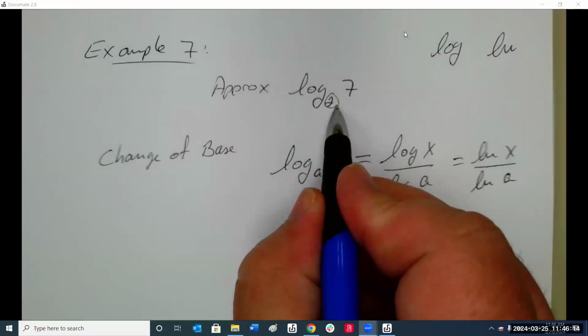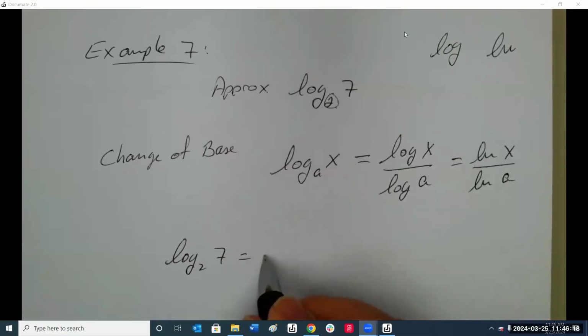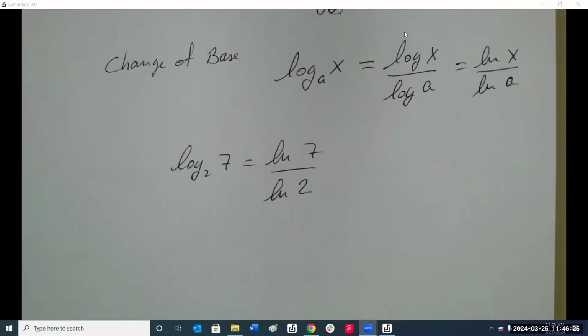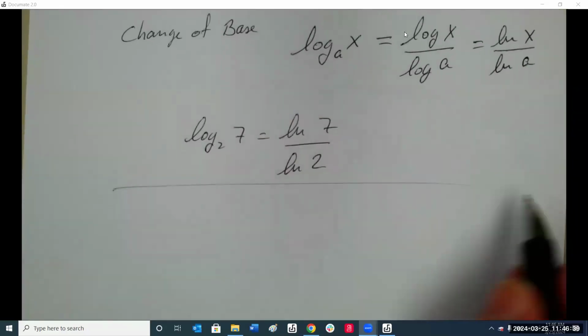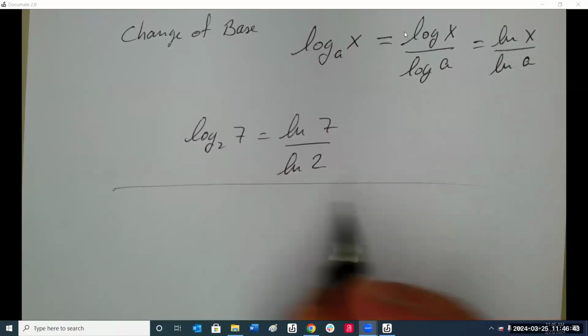So for this one, we would have to change it to something like this. And then we can use the calculator to do the difference, or the quotient. You put that in your calculator and whatever gives you the answer.